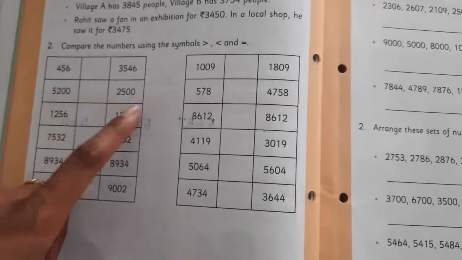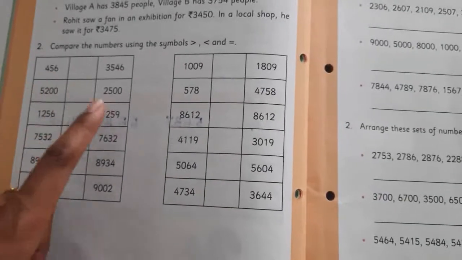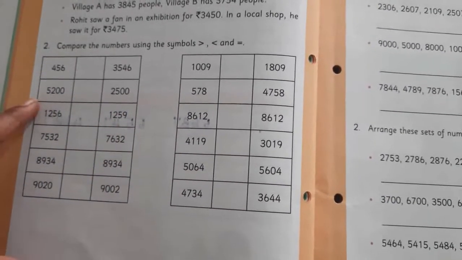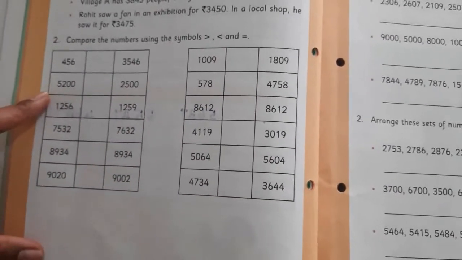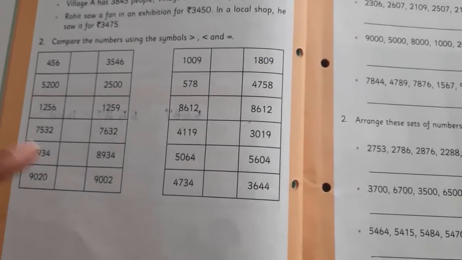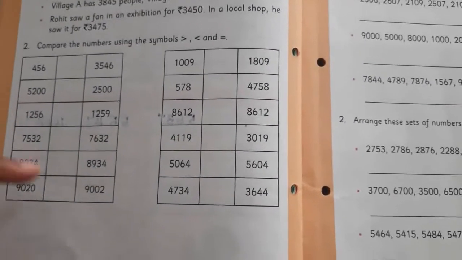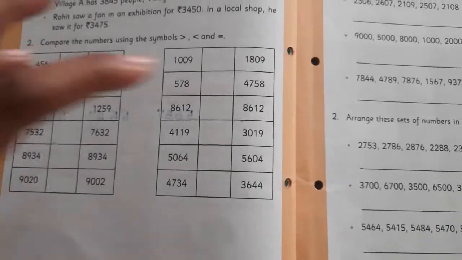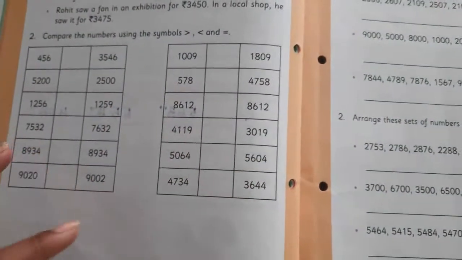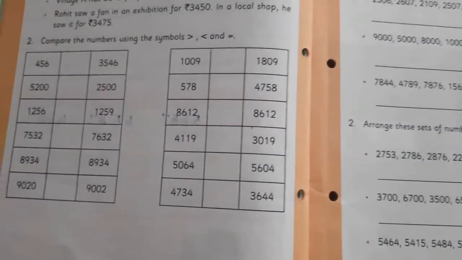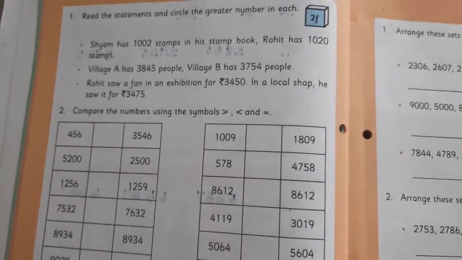You should observe the number of digits first. If the number of digits is the same, you should observe the highest place of the number. Otherwise, if the number of digits is different, for example here it is 3 and there it is 4, you have to compare which number has more digits, and that is the bigger one. This is your homework.